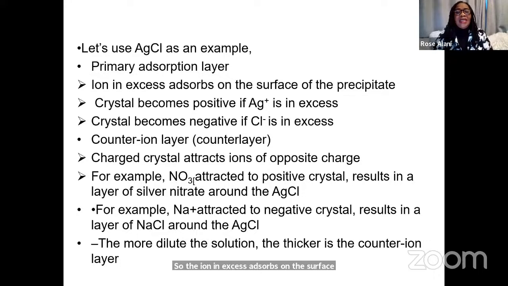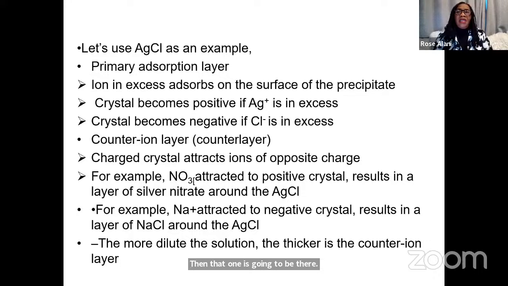Let's say that silver ion is in excess. That is what will stay at the surface of the silver chloride precipitate that is formed. If it is chloride that is in excess, then that one is going to be there at the surface.